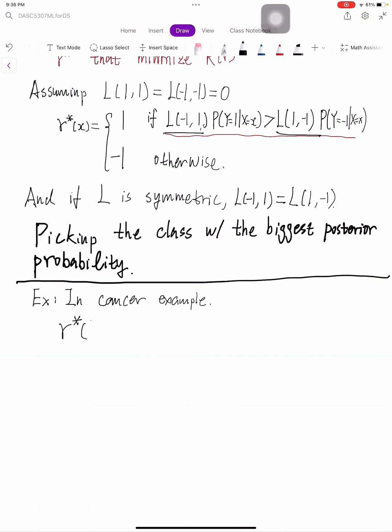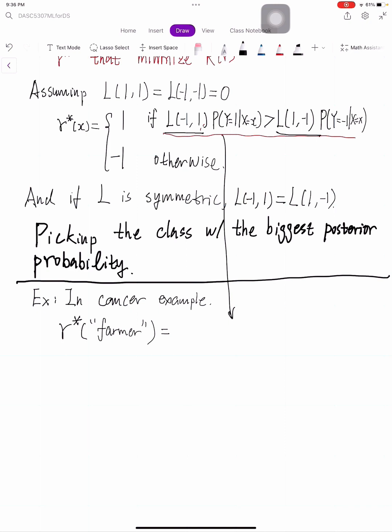So the Bayesian classifier will diagnose, mapping the features of farmer equals to... Here we assume the asymmetric loss, right? So we can calculate the false negative.